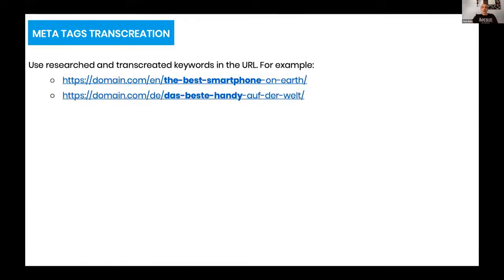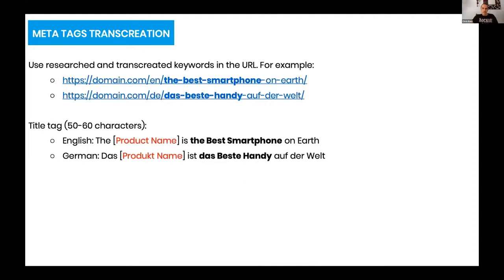So here's how you want to do it. Use research and transcreated keywords in the URL. The best smartphone does best the handy, right? Then be careful about text expansion. Usually German will expand about 30–40% over the English language, so it's going to be tricky to stick to those 60 characters.